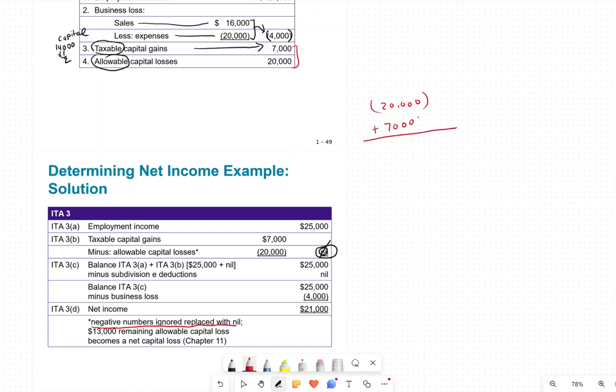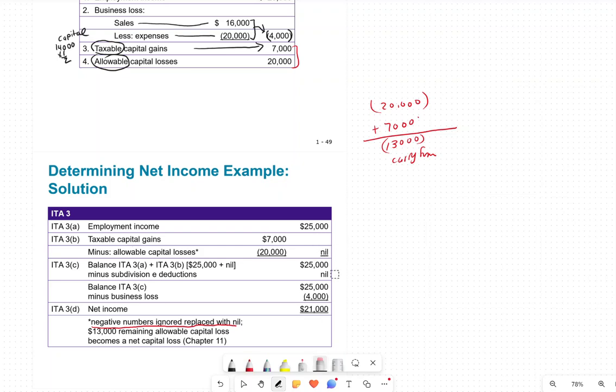And what happens to the rest of the amount? Of course, it will be carried forward. My loss of $13,000 will be your carry forward. So let's go further. Now we have the taxable capital gain, in this case $7,000.